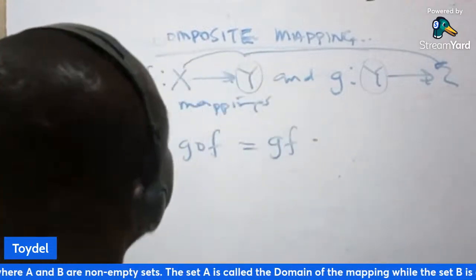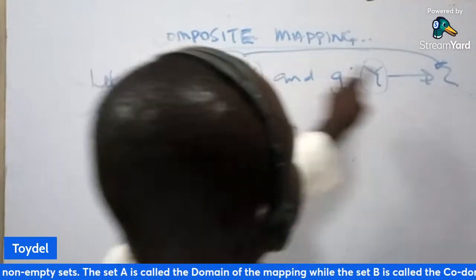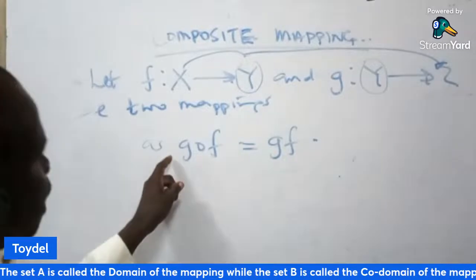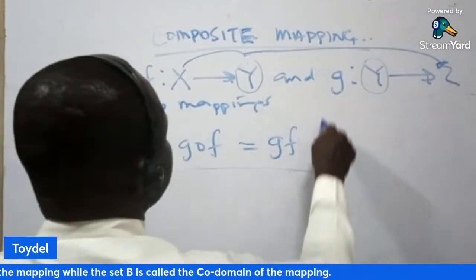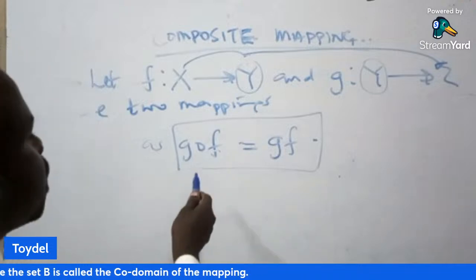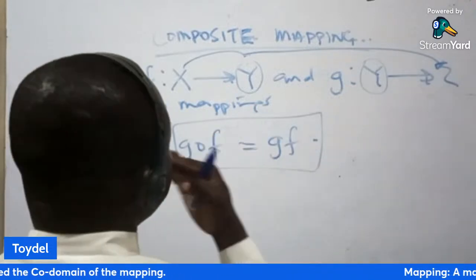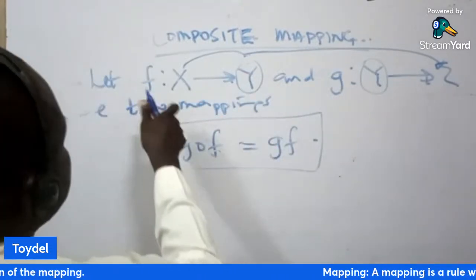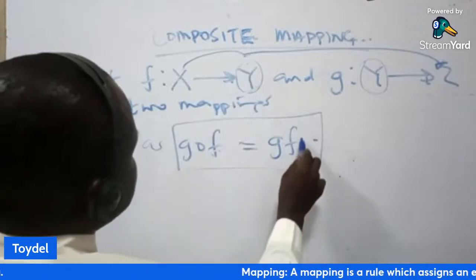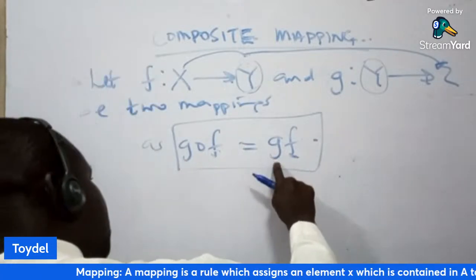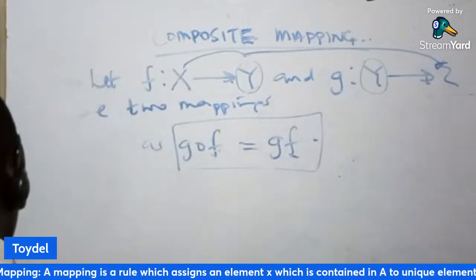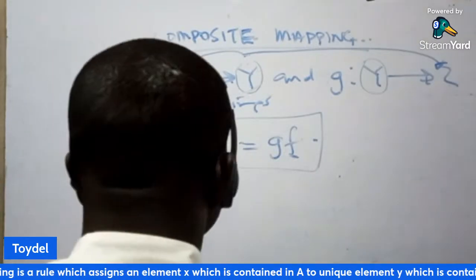So it is possible to move directly from x to z via y. If you want to do that, we make use of this concept, G of f. So we start from f. We define the relation under f. Once we get the result, we now use the relation G on it. Then we'll be able to come out with something reasonable.